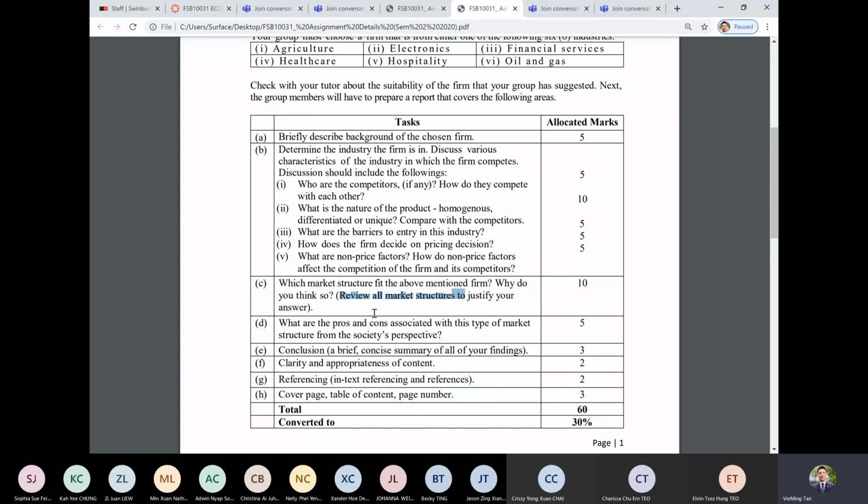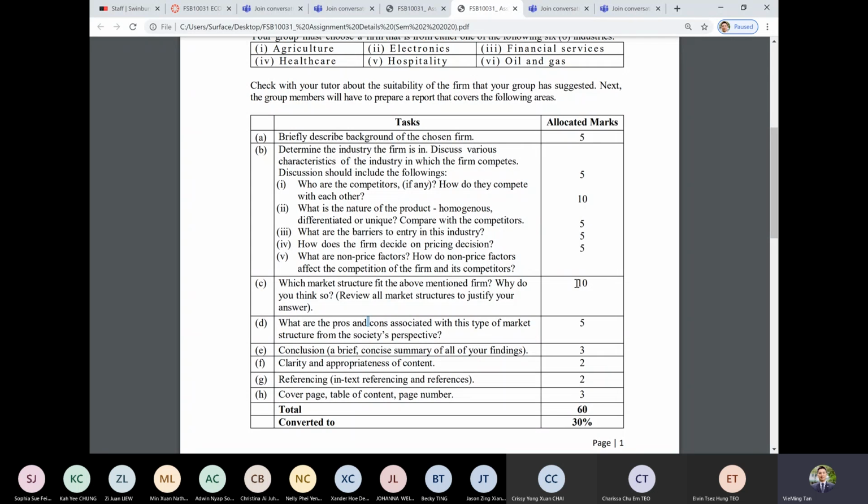Let's assume that the firm you choose belongs to monopolistic competition. Then you have to justify why the firm belongs to monopolistic competition. After that, you also have to discuss why the firm is not oligopoly, why the firm is not monopoly, and also not perfect competition.